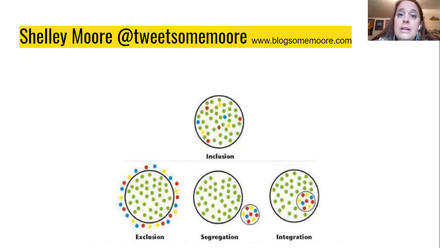And maybe that's their least restrictive environment, but maybe it's not. Maybe we just need students and teachers to say, hey, you're welcome to come join us. Here are the things I'm going to try and do to help you feel included. We always talk about in Unified PE, inclusion is everybody always.